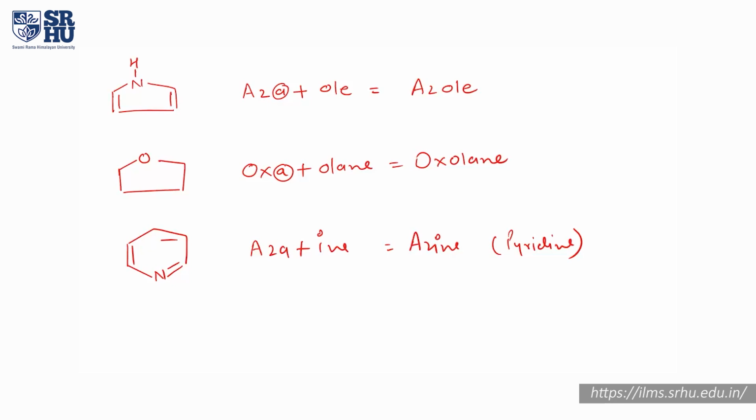Okay. Now let us move a bit into more complicated ones. Say for example, there is a molecule in which there is a substituent. Okay, like this. Now how will you name it?